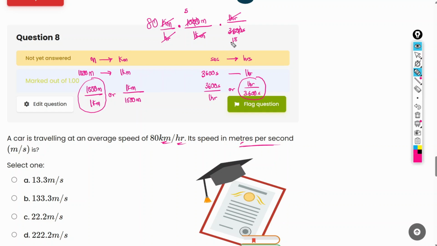I can use 2 again. 2 here is 9, and 2 in 80 is 40. So I have 40 times 5, which is 400. The only unit left is meters, so 400 meters over 9 seconds.